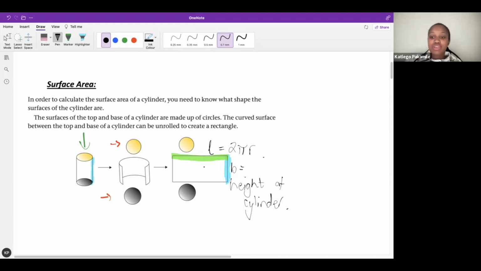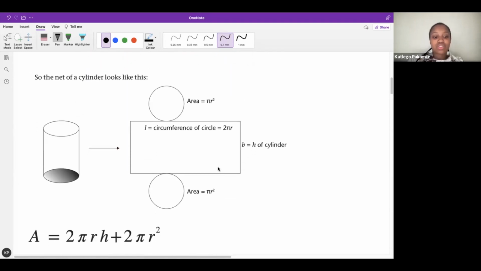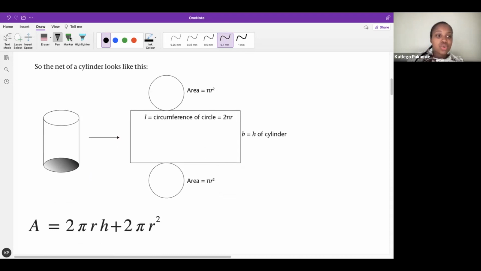If we work out the surface area, we're going to say the area of circle 1 plus area of the rectangle plus area of circle 2. This information is exactly what I just said, put into a formula.